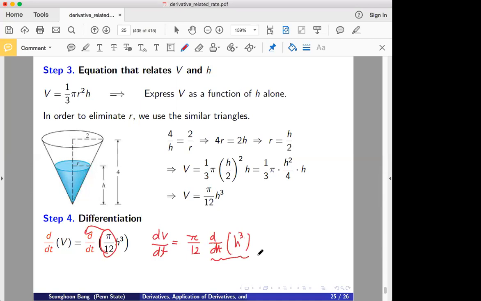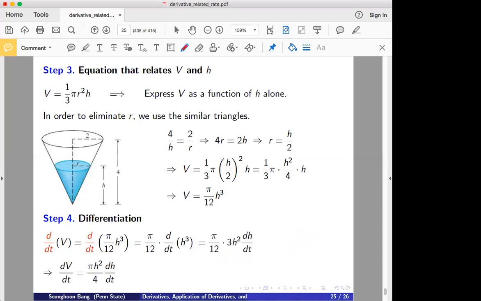Do you know the answer? It's 3H squared times dH/dt. You can use the power rule: pi over 12 times 3H squared times the inner function's derivative, dH/dt. 3 is crossed out, 4. The answer is pi over 4 H squared times dH/dt. Is that right? This is exactly dV/dt.